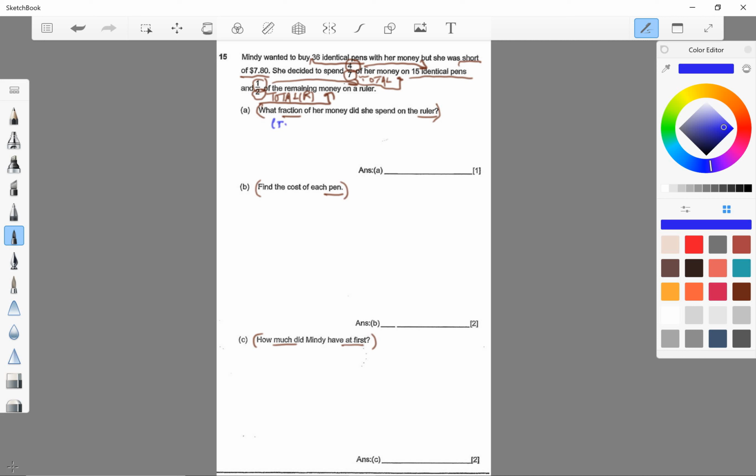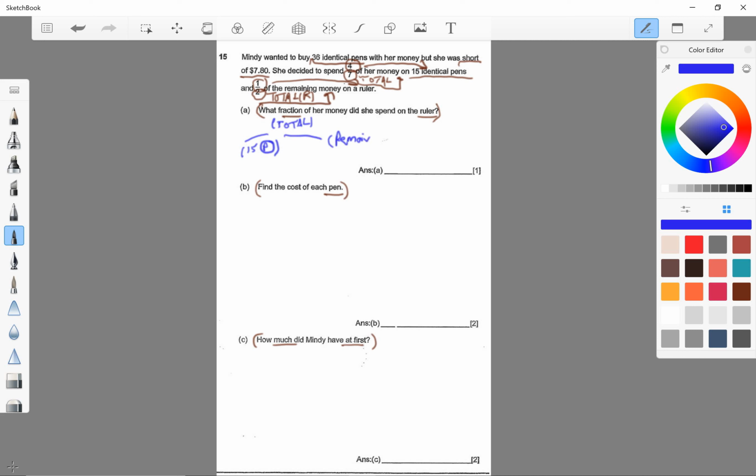So apart from the total, we need to deal with the 15 identical pens. So P with a circle represents the pens. And of course, I have to be concerned about my remainder.